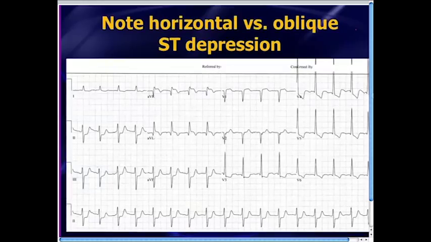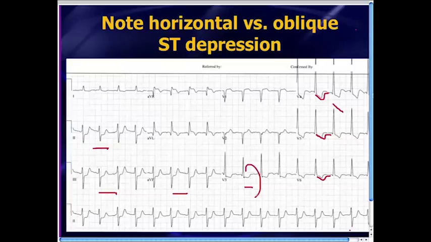Take a look at this EKG now as well. Okay, these are asymmetric. These are nice LVH type of flipped T waves. Okay, but take a look, and also ST depression. But if you look down here in the inferior leads, you'll notice that the ST depression is not associated with asymmetric T waves. In fact, the ST depression is very horizontal, okay? Very horizontal, in contrast to the downsloping type of ST depression.